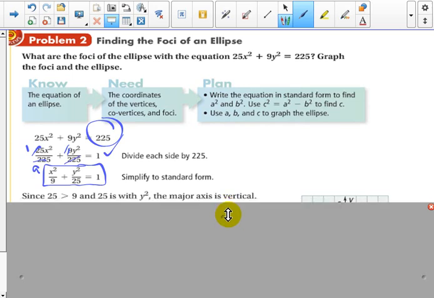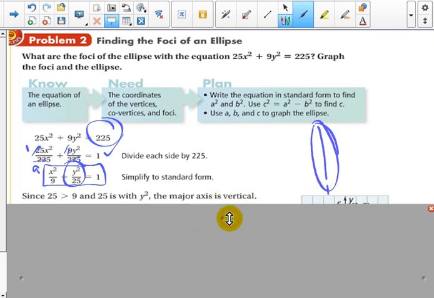Since 25 is greater than 9, and 25 is with our y squared, the major axis is vertical. That's the bigger one, and it's with our y, so this is a vertical ellipse.